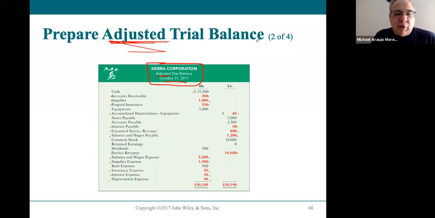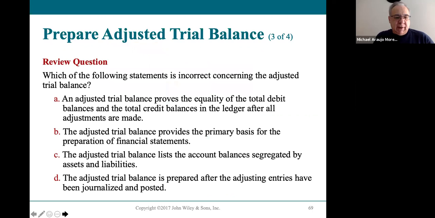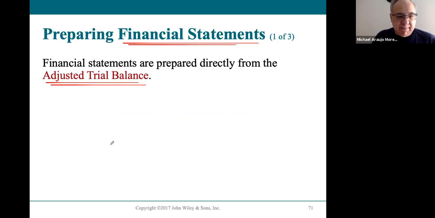And so the adjusted trial balance has to get done to make sure all the accounts with debit balances equal all the accounts with credit balances, which they do. That's terrific. Why is that? Well, because we use the adjusted trial balance to prepare our financial statements for that period of time.